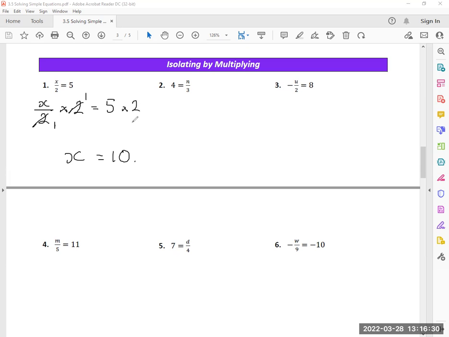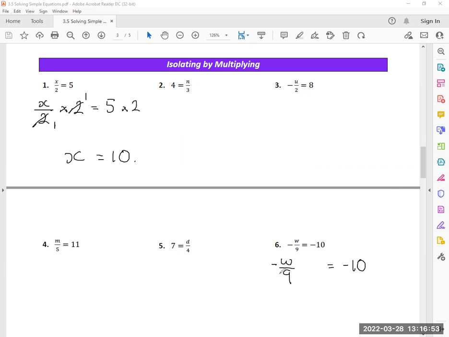But I hope you see that the same logic, the same idea is being applied. Do whatever is the inverse, the flip. Okay. Let's do number 6. Right now we have negative w over 9. So w divided by 9, negative w divided by 9.